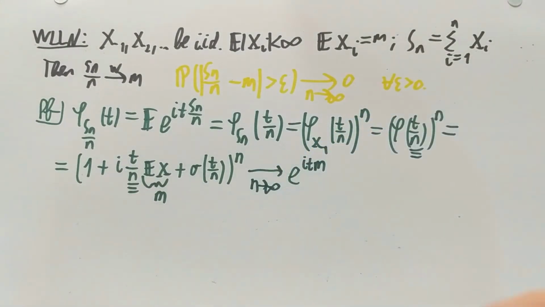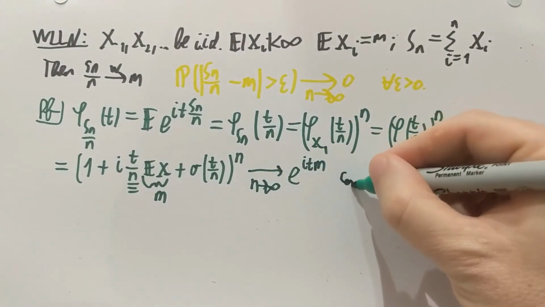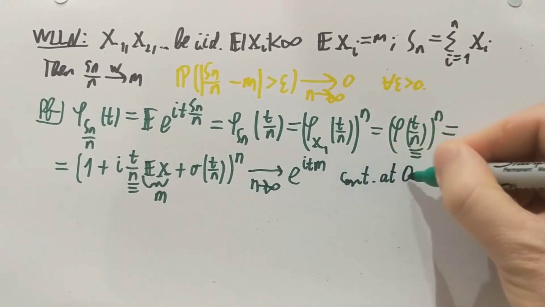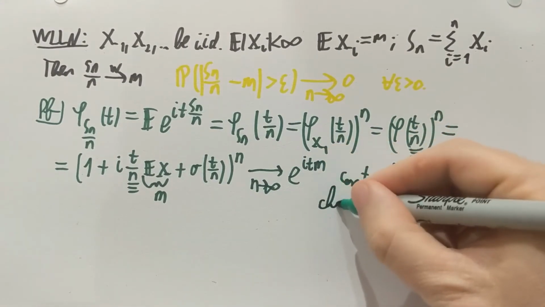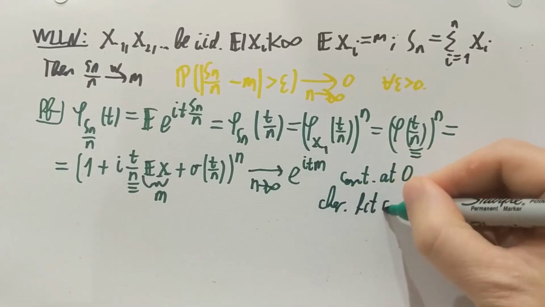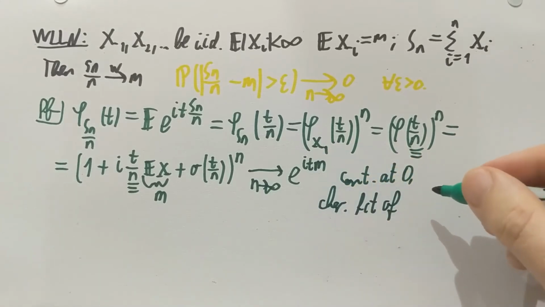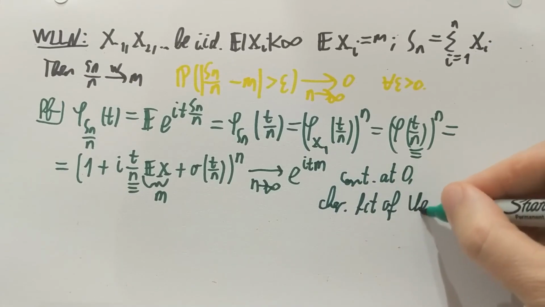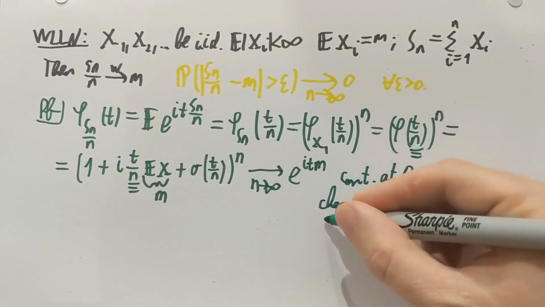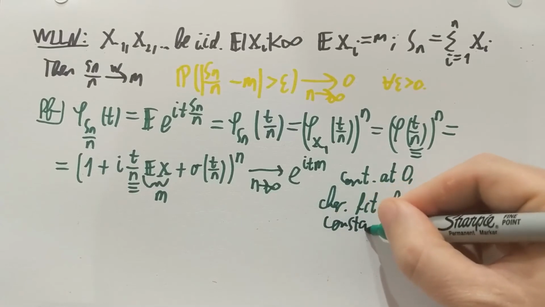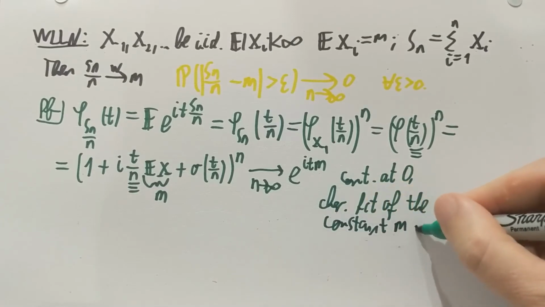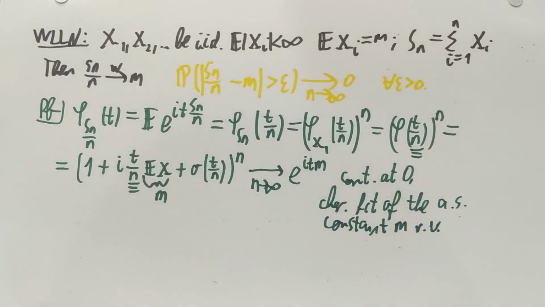Now this limit is a characteristic function. It is continuous at 0. It is a characteristic function of what? Of the almost surely constant m random variable. Therefore, the continuity lemma tells us that the Sn over n sequence weakly converges to this distribution, and that's exactly the weak law of large numbers.